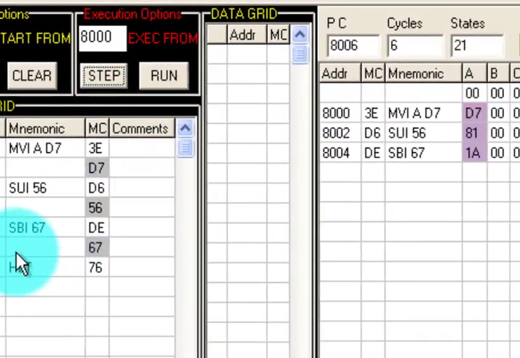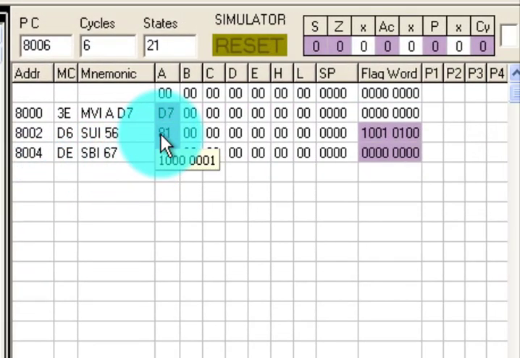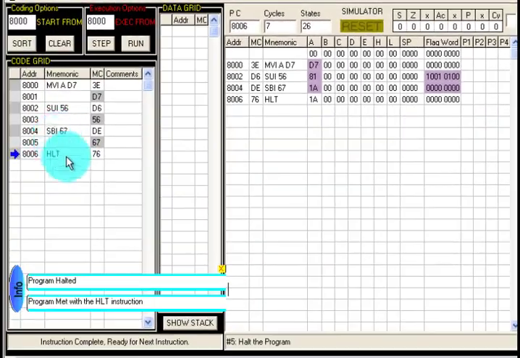With the next step, it does a subtraction, 81, which was the previous difference, minus 67, and the result is 1A, and again there is no borrow. If we had a borrow from the previous subtraction, it would also have been subtracted from this content, but there was no borrow in the previous subtraction, and even in this subtraction we do not have a borrow. So this is how we get these instructions.